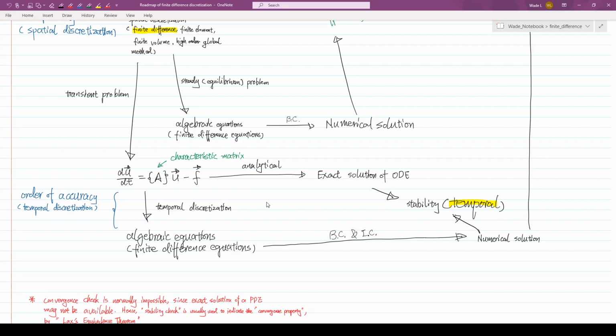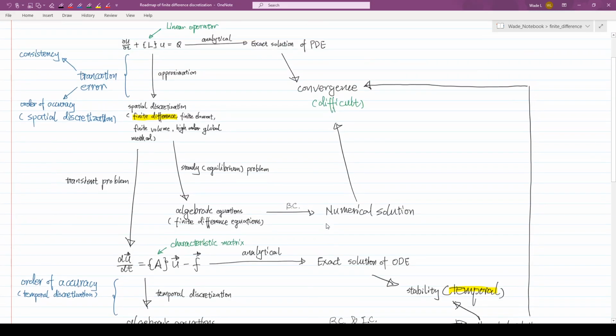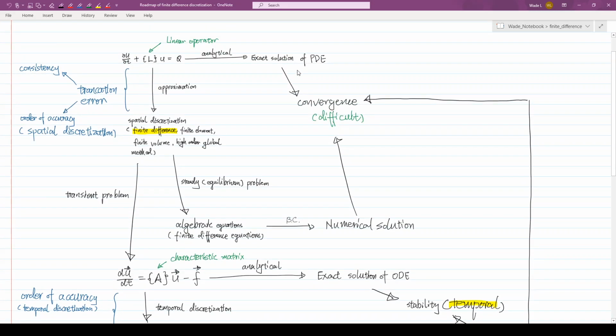In any numerical formulation, the key concern is whether the numerical solution will converge to the exact solution to the original governing equation. However, the exact solution to the original governing equation is usually difficult to find.